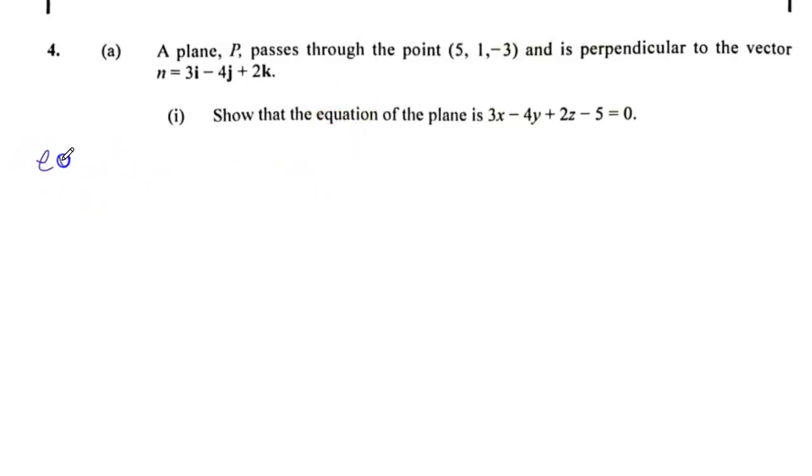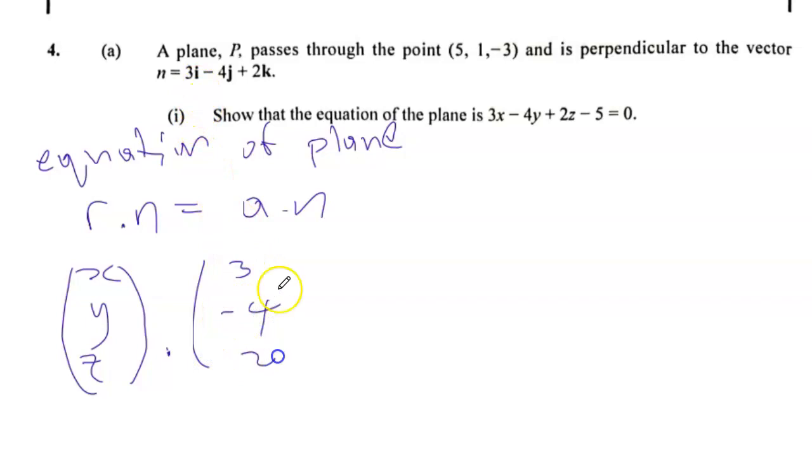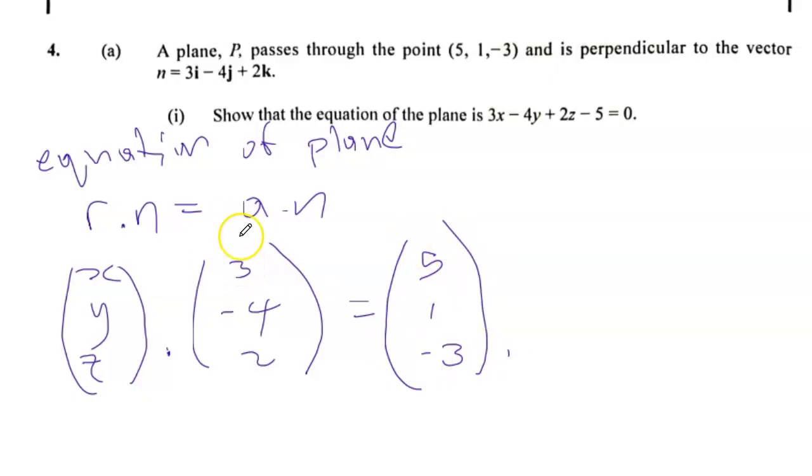The equation of plane, not tangent, the formula says r dot n equals a dot n, where r is a standard xyz, n is a normal vector, and we're given n, which is 3, negative 4, 2 in column form. A is a point in the plane, and we're given a point here, 5, 1, minus 3, and of course repeat n, which is 3, negative 4, 2.